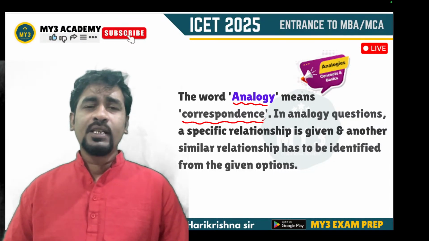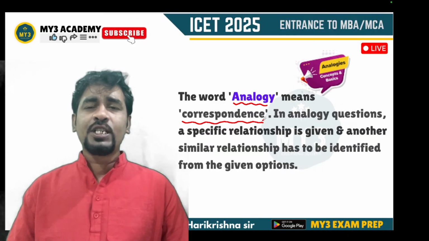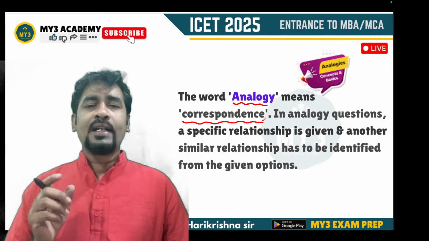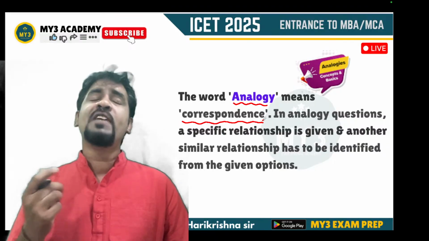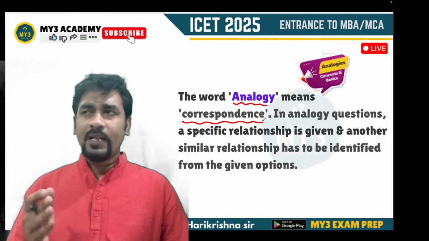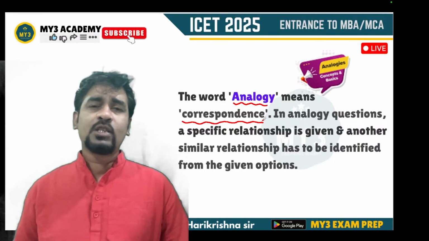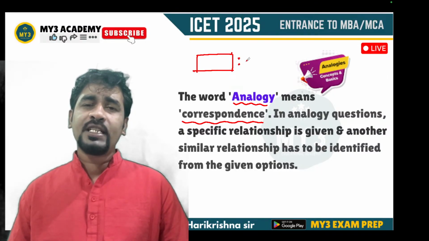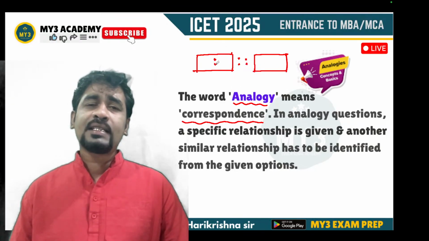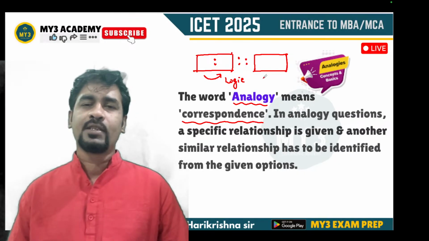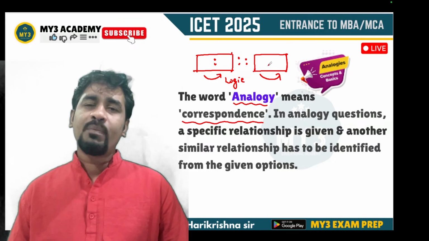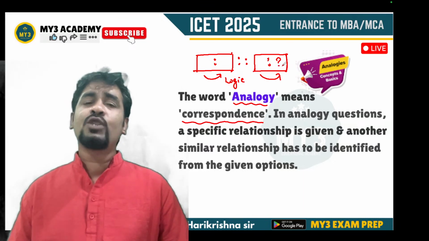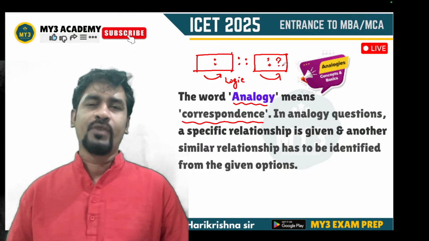In analogy questions, a specific relationship is given and we have to identify another similar relationship. So there are two pairs in analogy questions. The first pair, which is a complete pair, we call the reference pair. You should understand what is the logic in it, what is the relationship between these two elements. Apply the same relationship and get your unknown quantity. That is your task in all analogy questions.